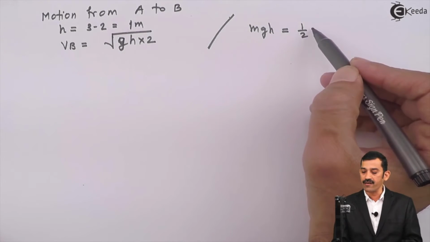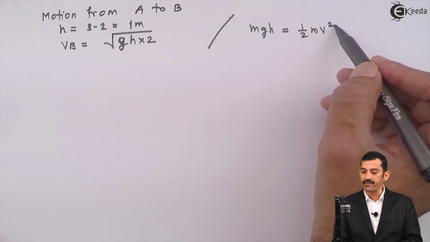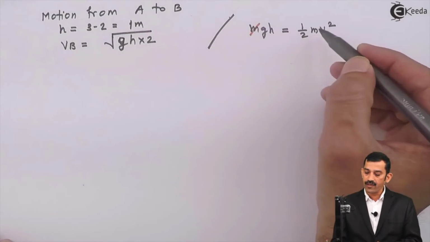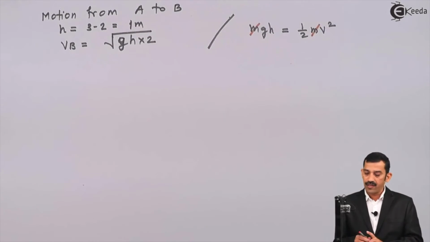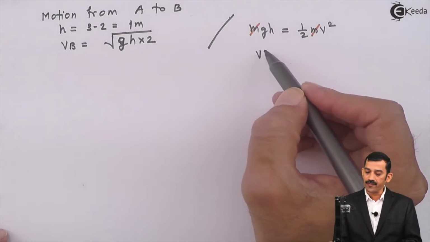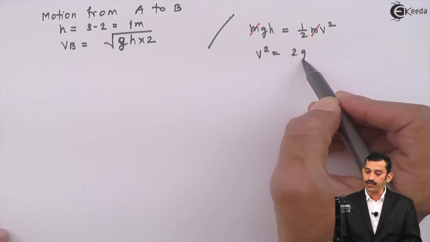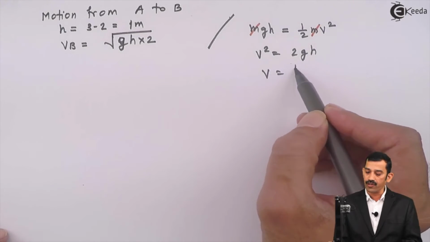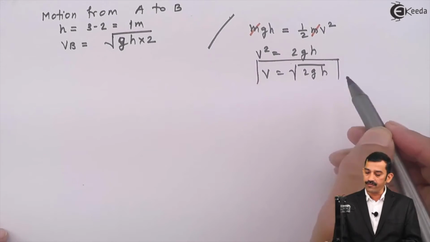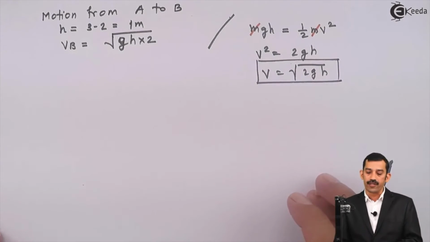Kinetic energy is half mv square. If we cancel the mass term, we easily get 2gh as v square, multiplying by 2. So v square equals 2gh, that means v equals root of 2gh. This formula we get from just the law of conservation of energy.